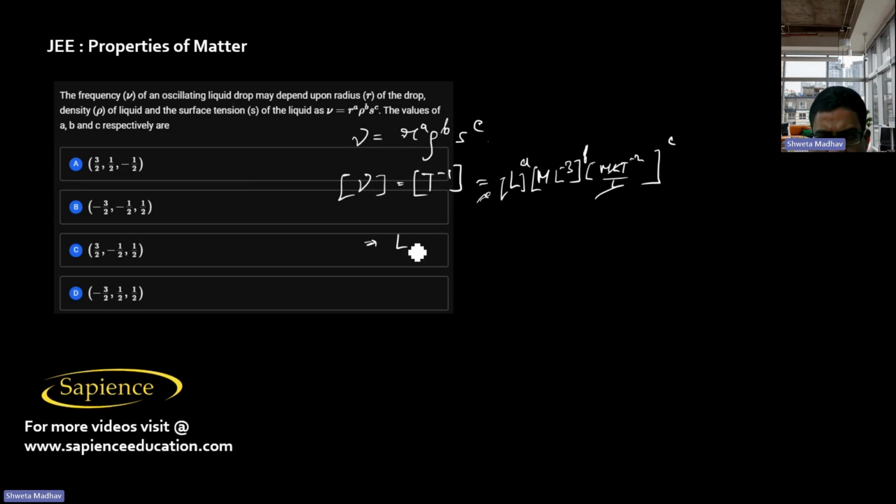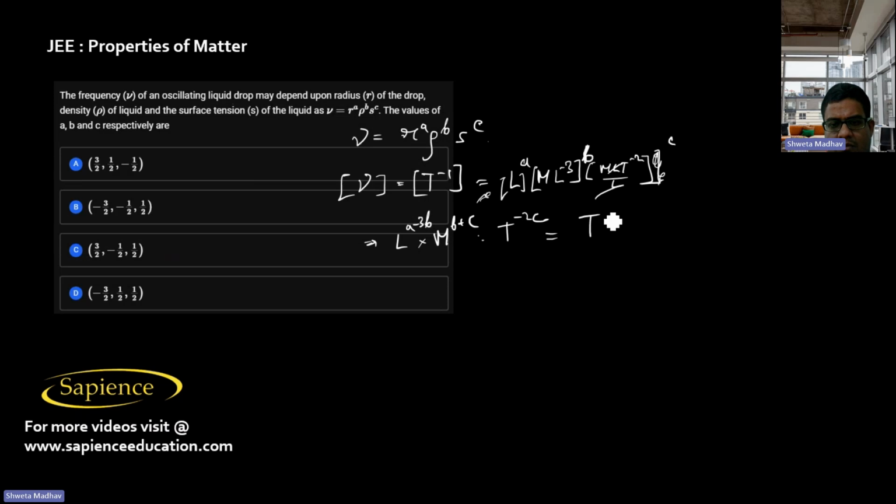Then therefore I can say this is L to the power a, M to the power b plus c, actually, this will be L to the power a minus 3b, M to the power b plus c, and T to the power minus 2c.